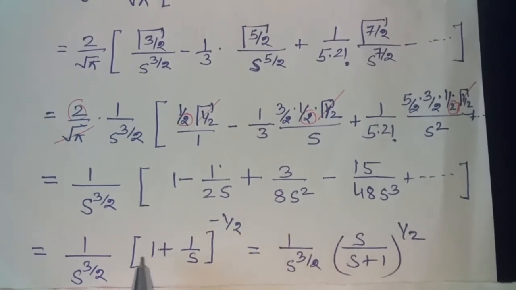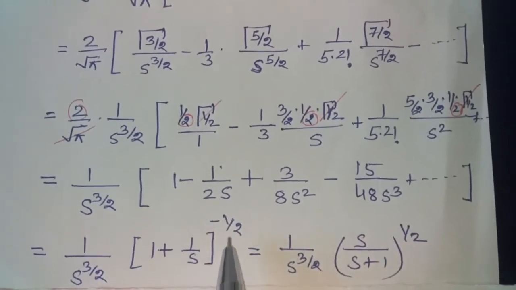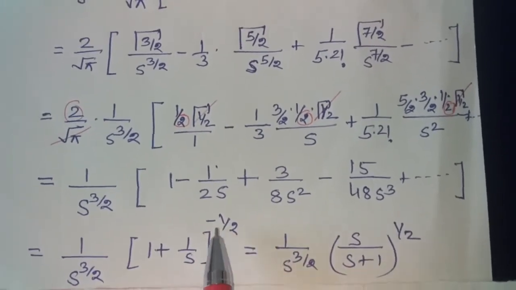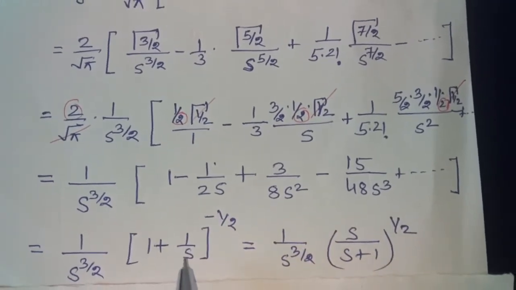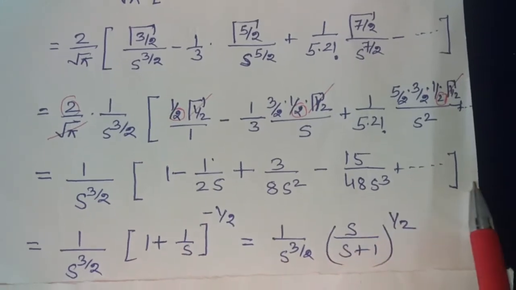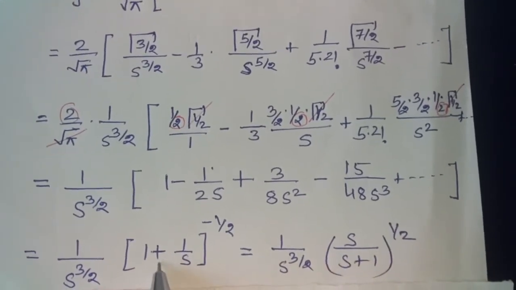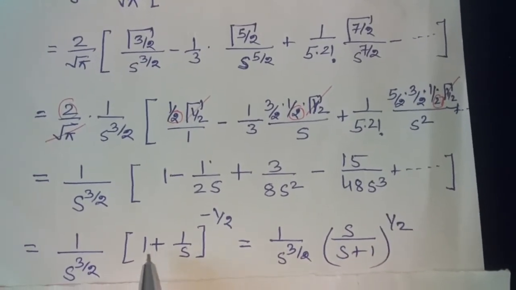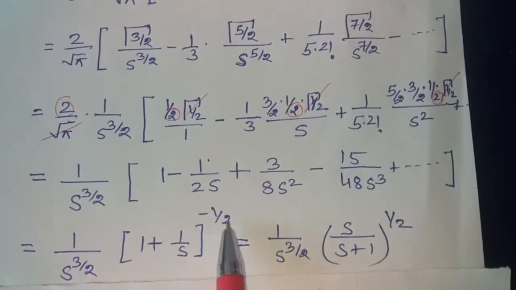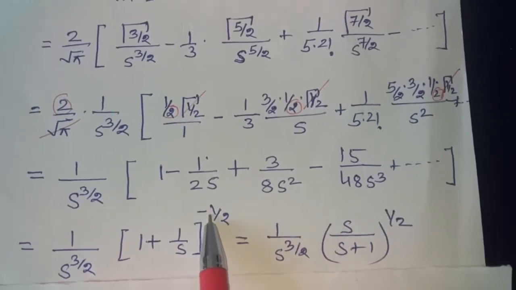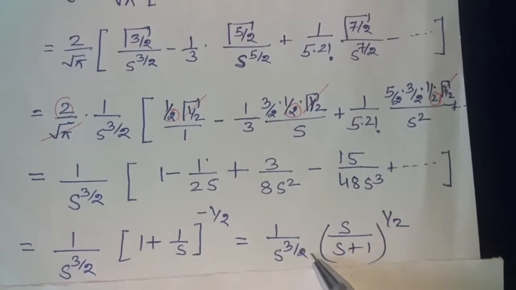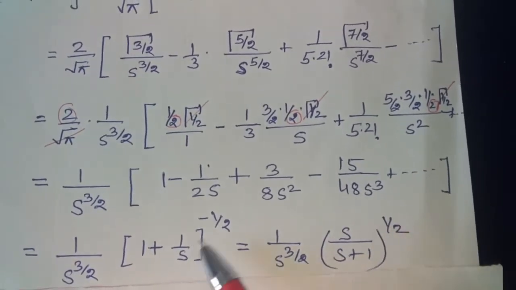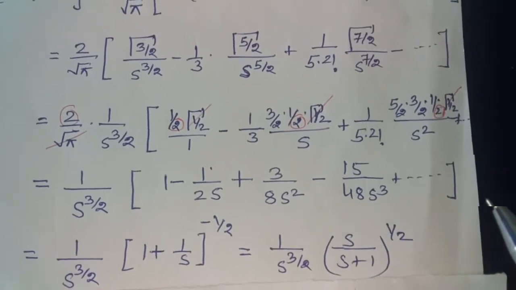If we expand 1 plus 1 upon s whole power minus 1 by 2 using the binomial expansion formula, we get this same series. Now here s is LCM, so we get s plus 1 upon s, and from this negative power we reverse the expression and we get 1 upon s power 3 by 2 into s upon s plus 1 whole power 1 by 2.